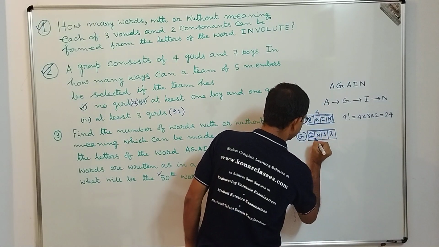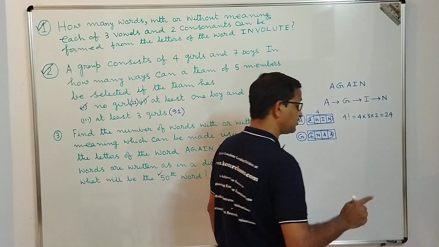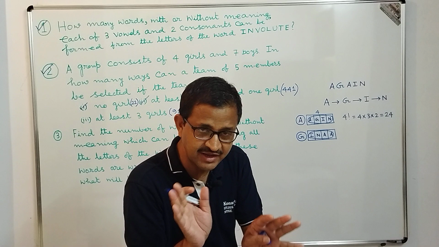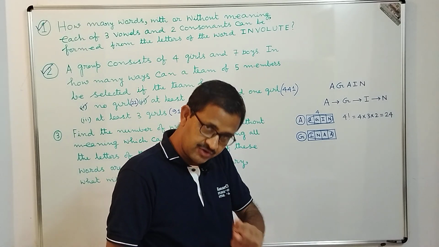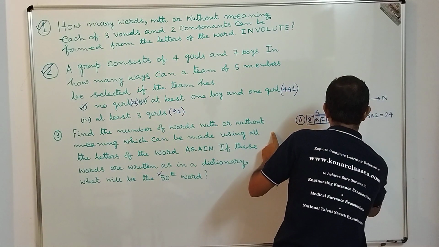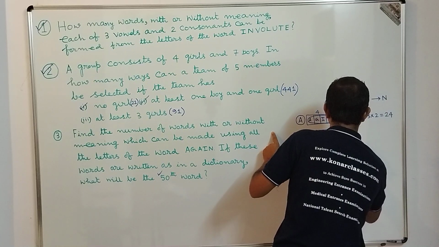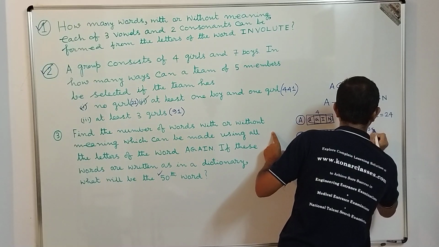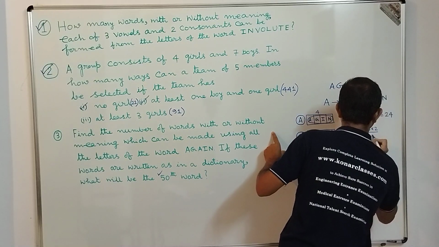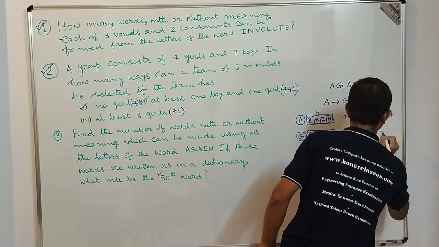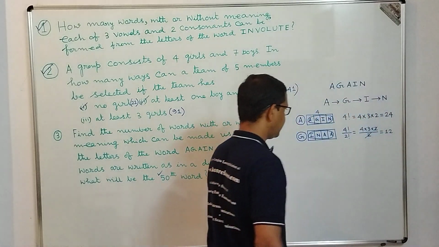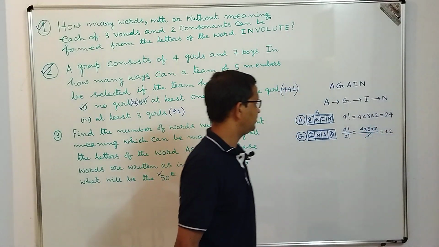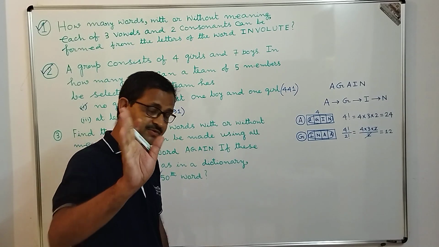So there are 4 objects, not all distinct, because A appeared twice. In how many ways can you make that arrangement? 4 factorial divided by 2 factorial, that is equal to 4 into 3 into 2 divided by 2. Now these 2 got cancelled, and what we get is 12, correct? So how many words have we listed so far? 24 plus 12, that is equal to 36, but we need to go till the 50th.